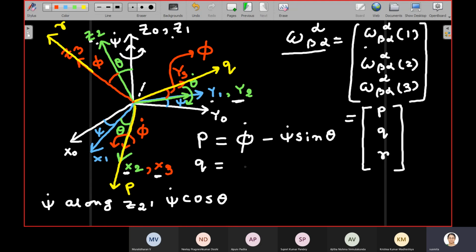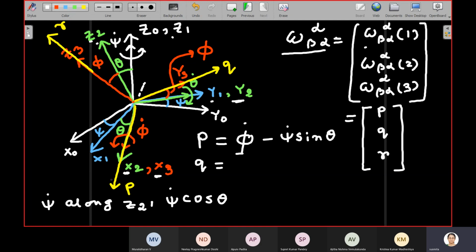Next, we are going to write the equation for q. We know phi dot does not have any component because phi dot is along x2 or x3 and x2 is perpendicular to y2, right? And theta dot, let's see, q is okay.